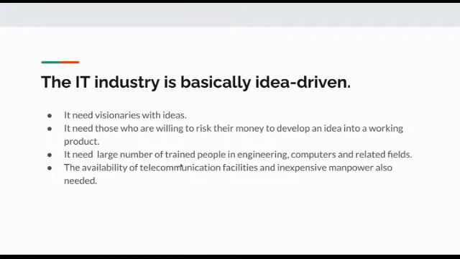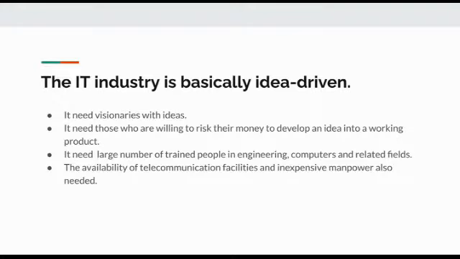And it needs a large number of trained people in engineering, computers and related fields. This IT industry needs many trained people. So automatically it succeeds at places where there are many good universities related to this training, where we started the new industry, the IT industry.